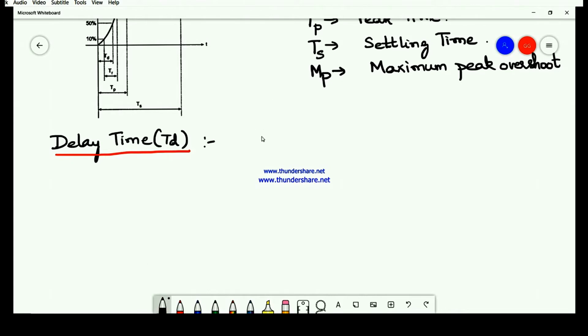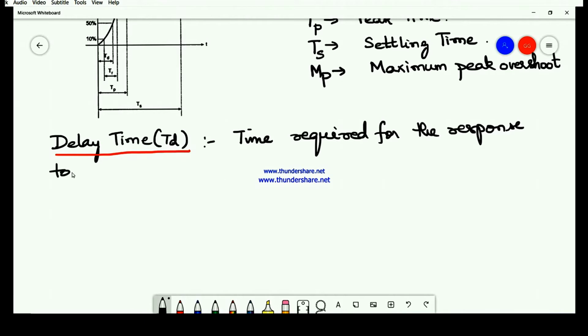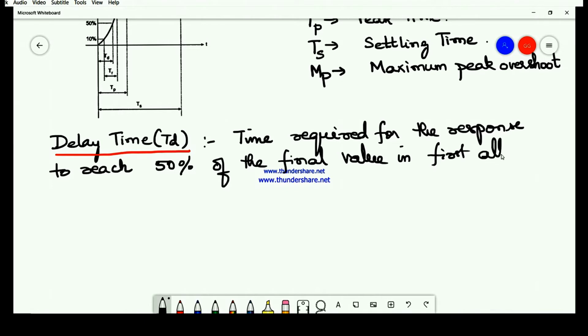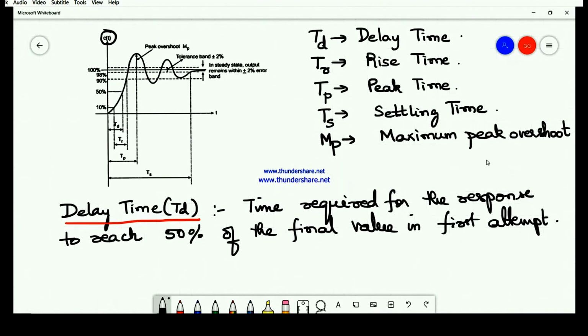The delay time TD is the time required for the response to reach 50% of the final value in the first attempt.